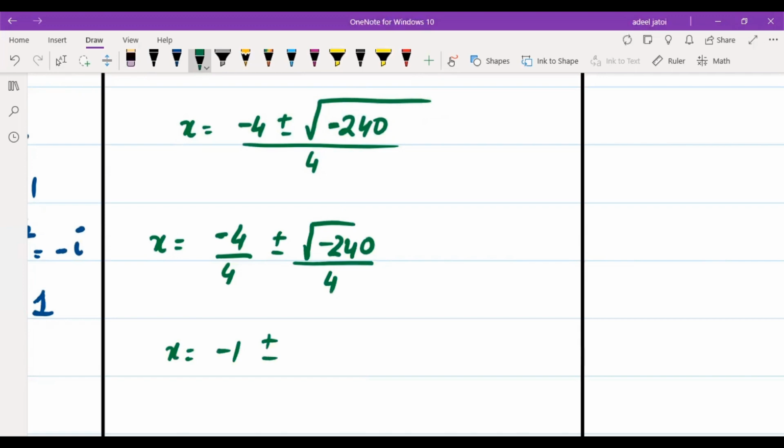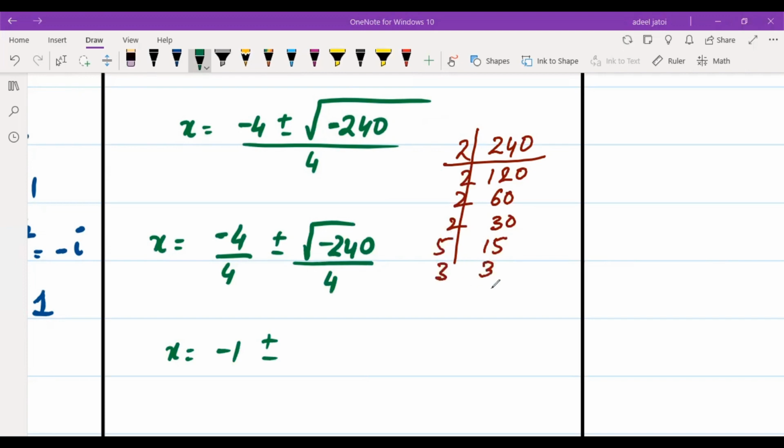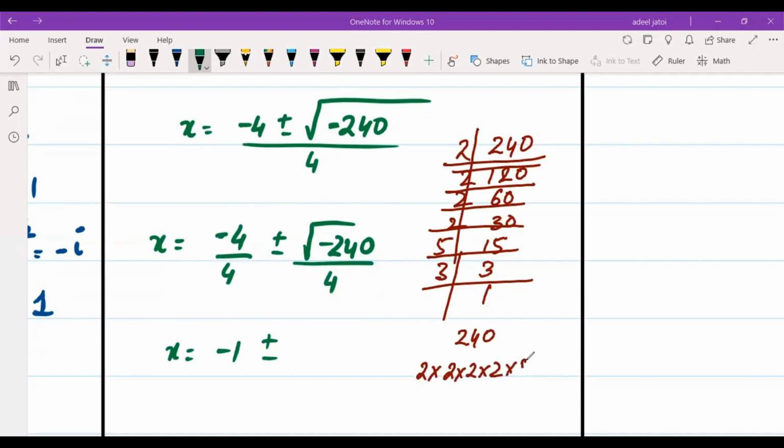Now the factors of 240 can be found: 2, 120, 2, 60, 2, 30, 2, 15, and then 5, 3, 3, 1. So these are your factors of 240. We can write 240 as 2 into 2 into 2 into 2 into 5 into 3 into negative 1, and this whole thing will be under root.